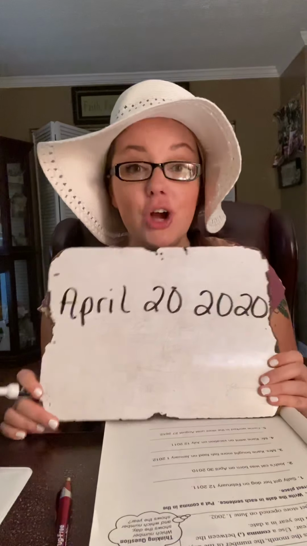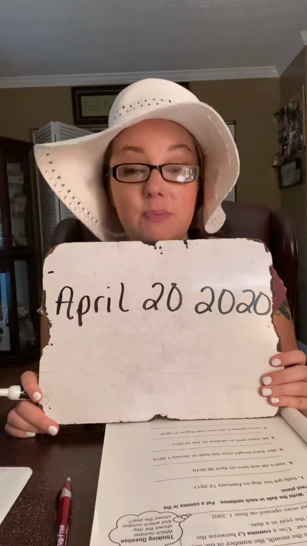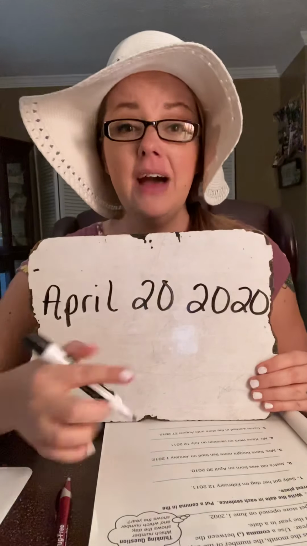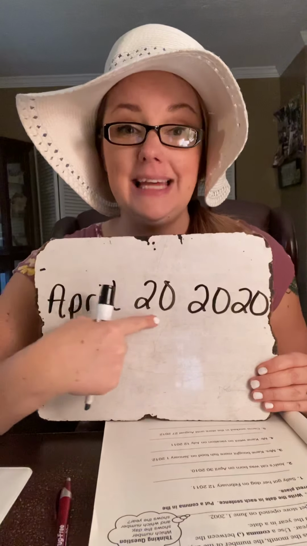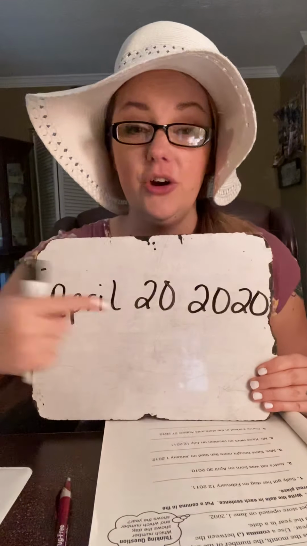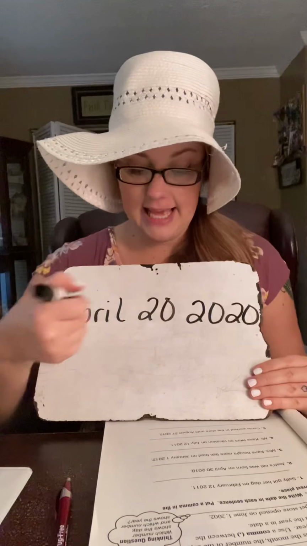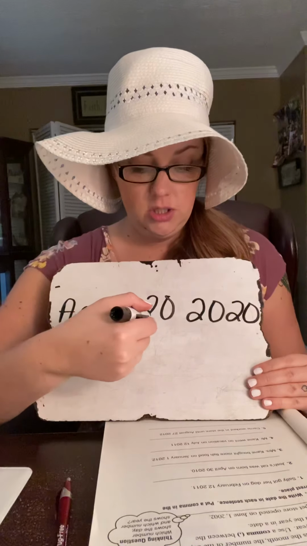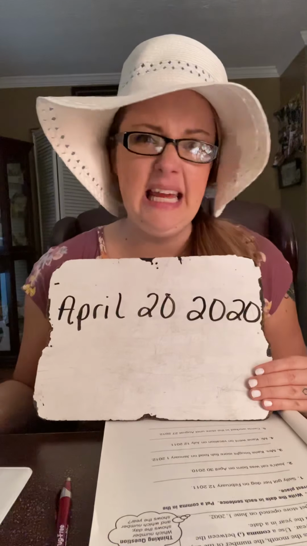Now, we have to have a comma whenever we use dates, guys, because let me show you something. If I don't put a comma to separate my date from my year, it looks like this says April 2020. I don't think that April has that many days in it. Do you? Okay.